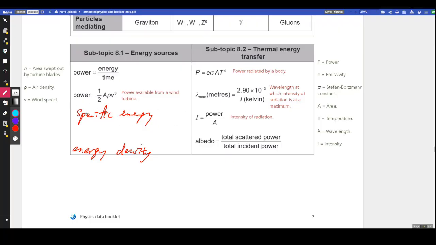And the way that I recommend you to memorize it, again, that was mentioned in the video earlier: specific energy is a similar idea. The word specific is the same as in specific heat capacity. So this is how many joules per kg, right? Same as specific heat capacity versus heat capacity, it just depends on whether it is per unit mass or not.